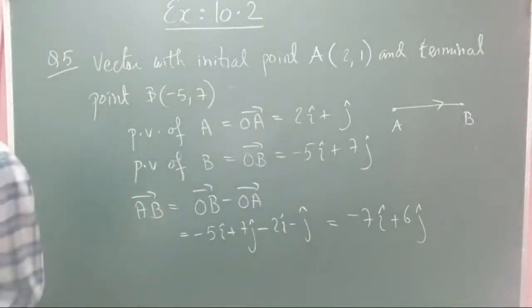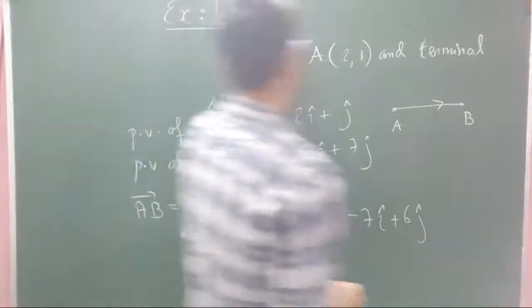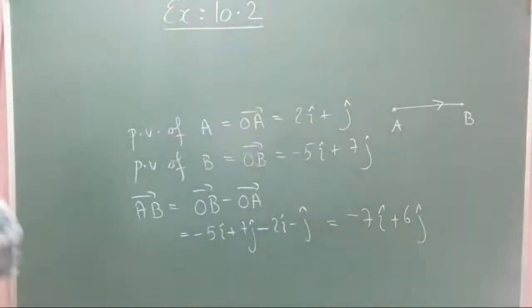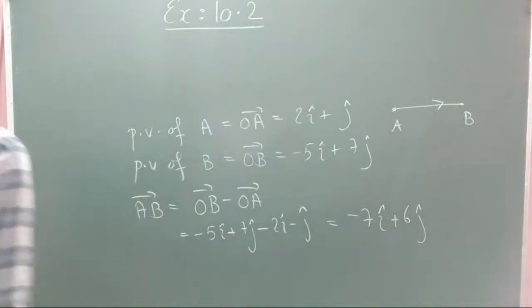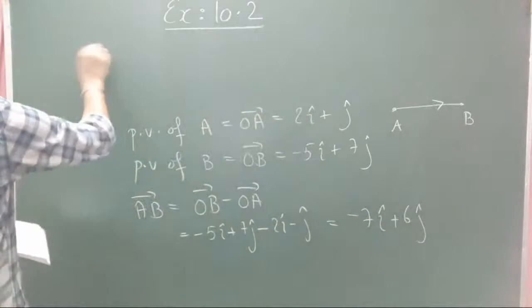This is our vector AB. So now the question is, find the scalar and the vector components. So it's quite simple.